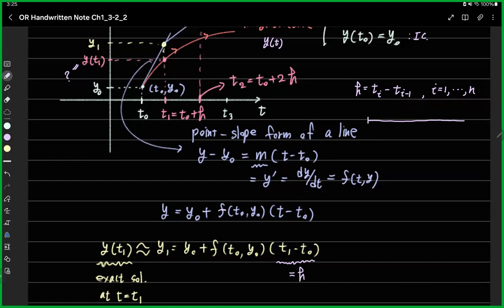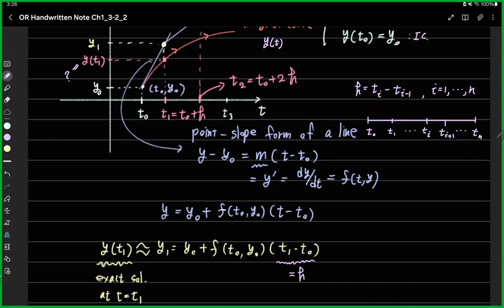So right here, let's see, is t sub 0, t sub 1, t sub i, t sub i plus 1, there's a t sub n, okay?